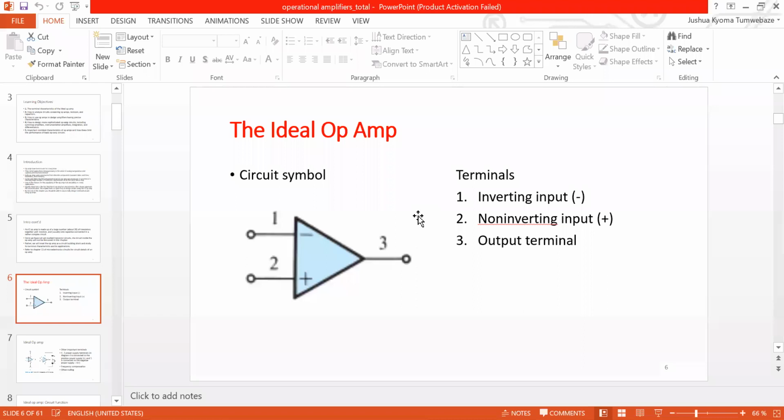You can see that we have labeled terminals 1, 2, and 3. 1 and 2 are input terminals. Specifically, 1 is the inverting input terminal; we'll see why later on. 2 is the non-inverting input terminal, and 3 is the output terminal.